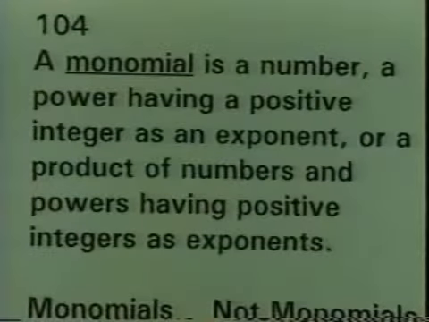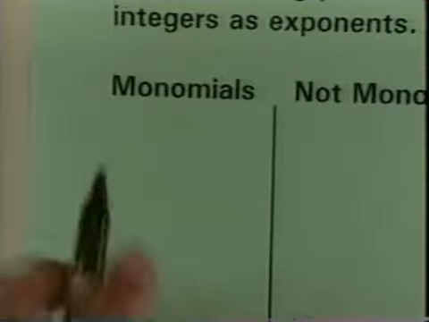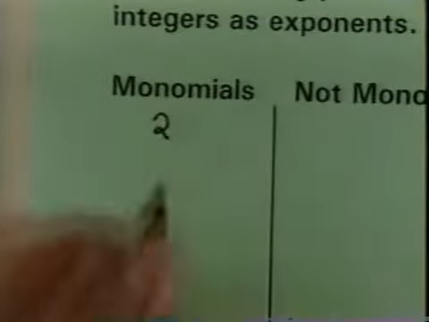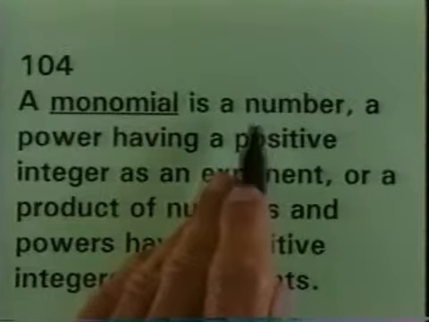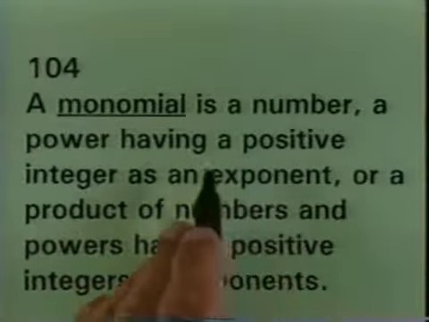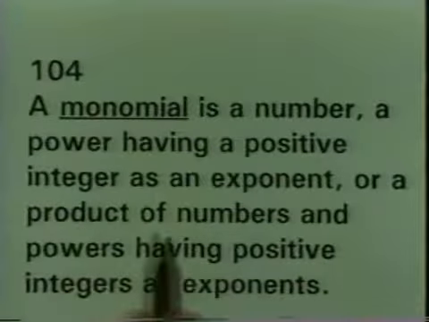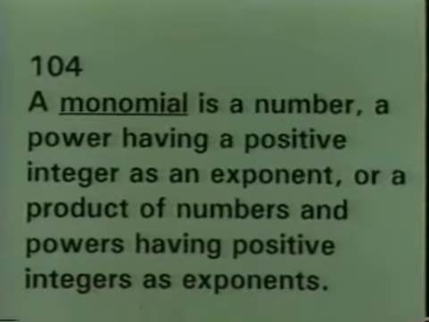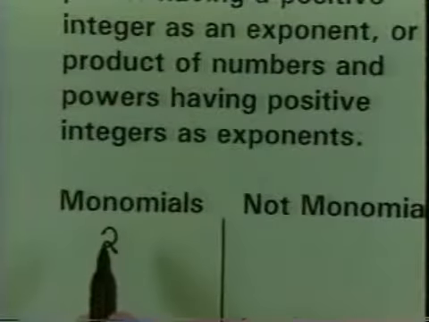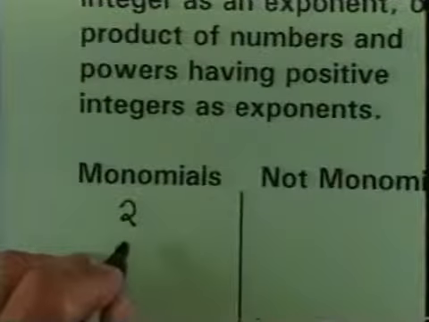Let's look at some examples. The following are all monomials. Just the number 2 is a monomial because a monomial is a number, a power having a positive integer as an exponent, or a product of numbers and powers having positive integers as exponents. So 2 is a number, therefore 2 is a monomial.